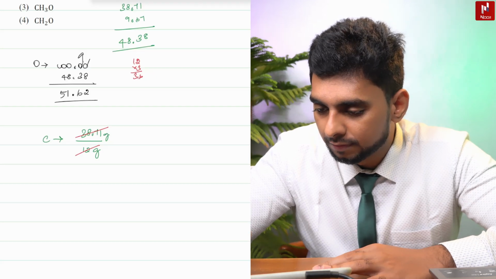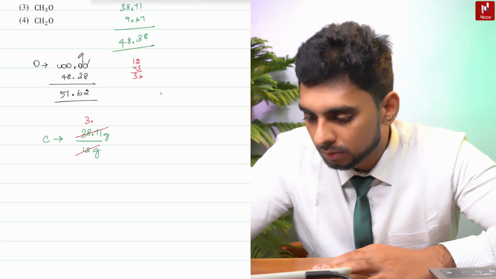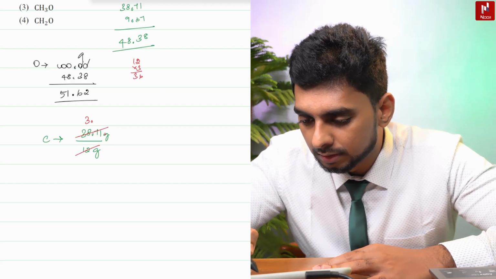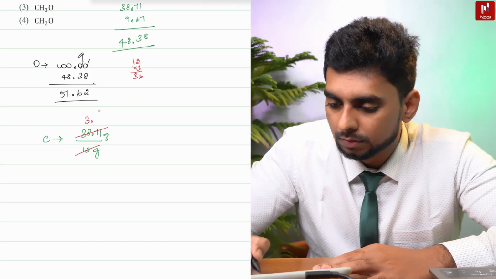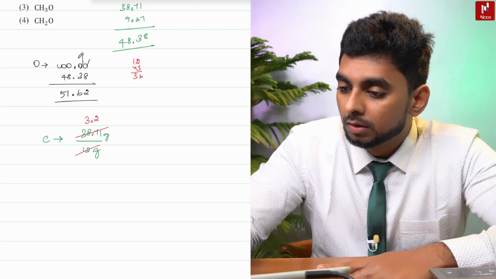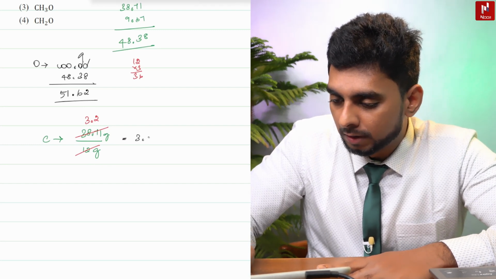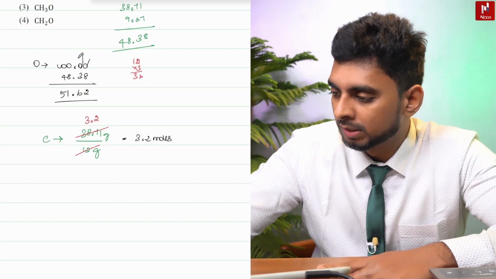So 12 times 3.2 comes to about 38.4, so that gives 3.2 moles. Got it? So for the carbon, you will get 3.2 moles. This one is done. 3.2 moles of carbon will be there in 38.71 gram.